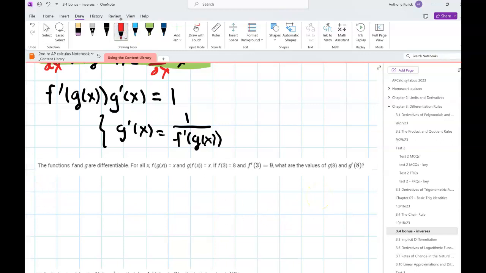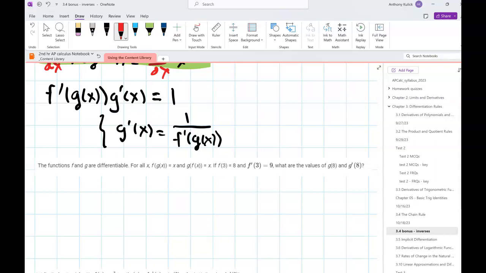So this says the functions f and g are differentiable. For all x, f of g of x is equal to x, and g of f of x is equal to x. If f of 3 is 8, and f prime of 3 is 9, what are the values of g of 8 and g prime of 8?